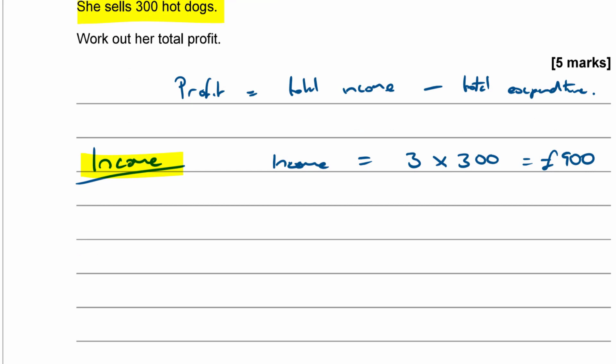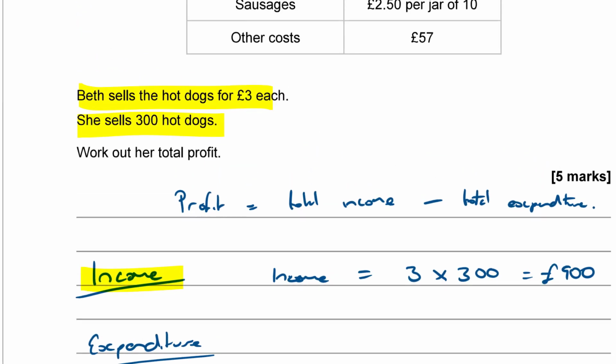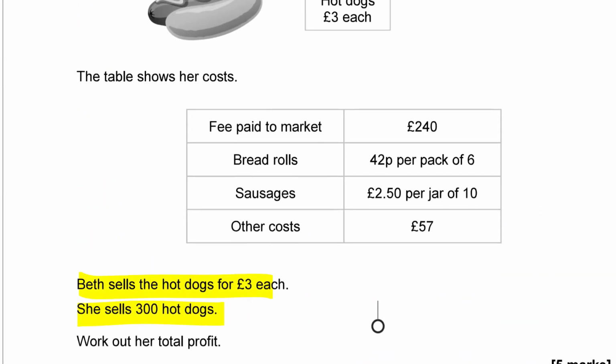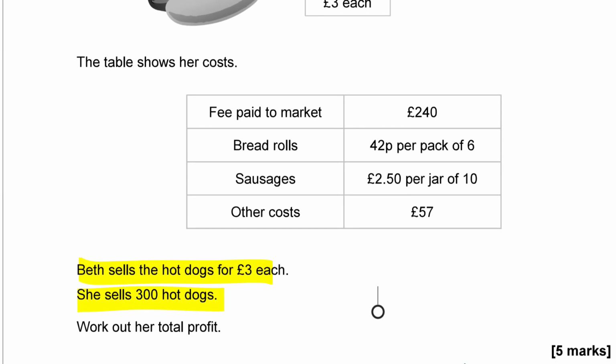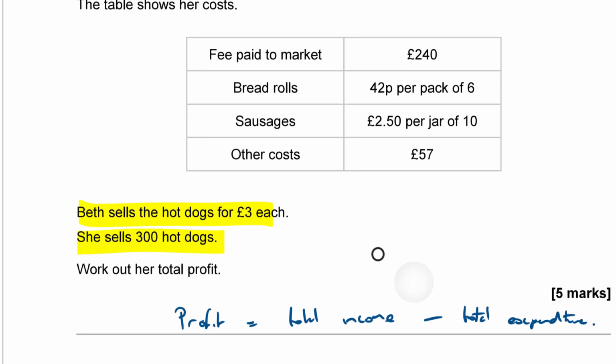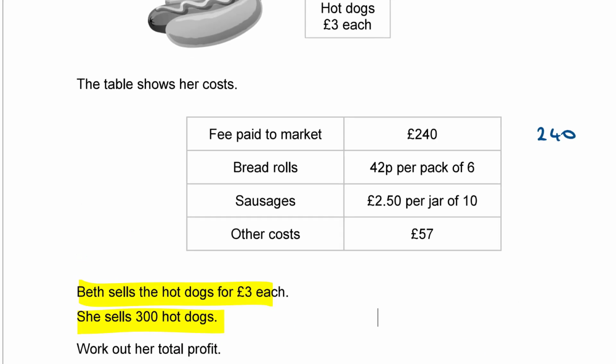What about expenditure? So that was money coming in. What about money going out? Expenditure. So what has she got? Her total expenditure is going to be the £240 from the fee paid to the market. She's got 42p per pack of 6 bread rolls. So how many bread rolls is she going to need?